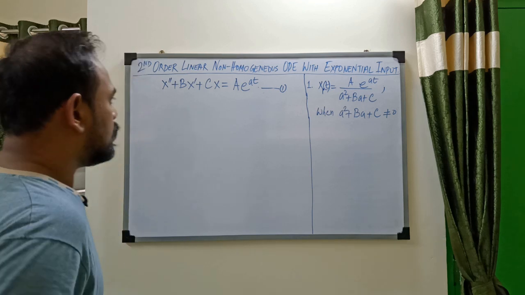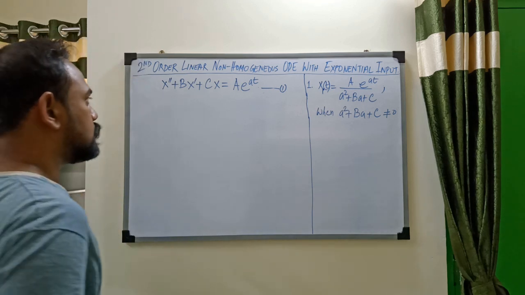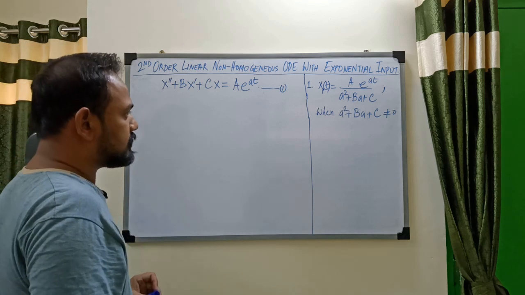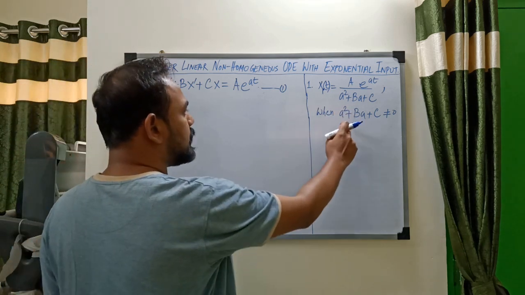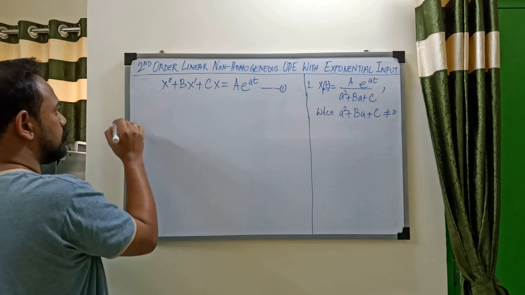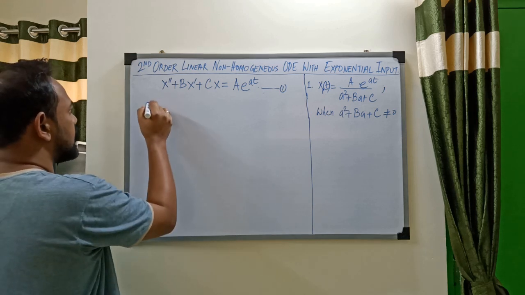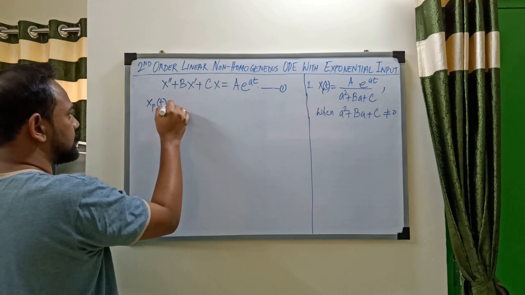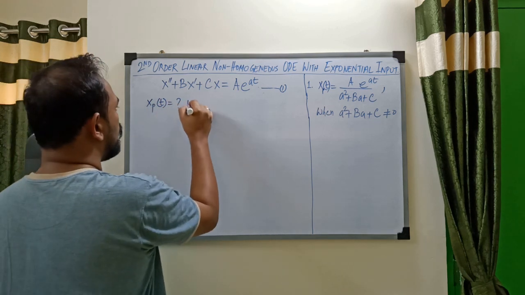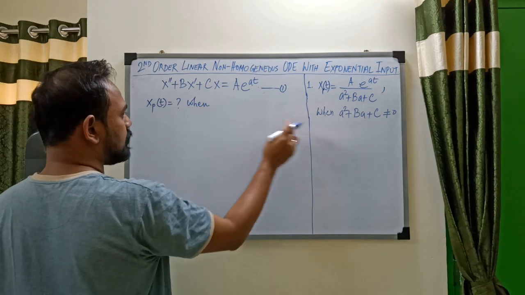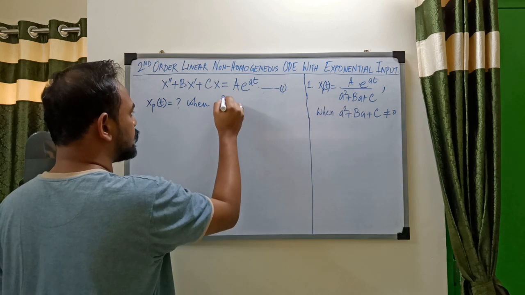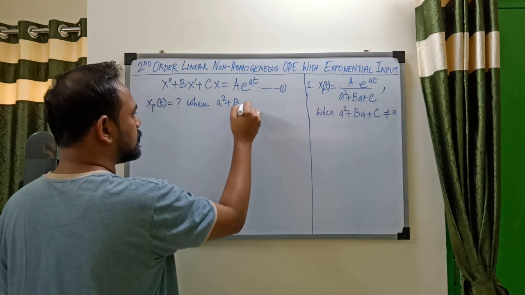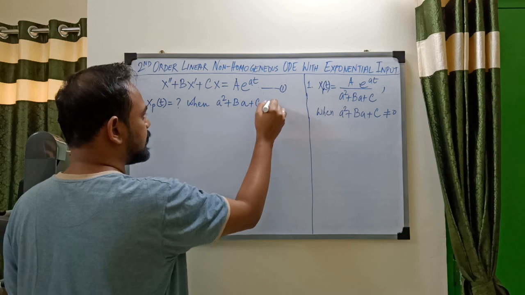Now, before that, I just want to clarify. Right now in this lecture, we are going to investigate what x_p, the particular solution of this differential equation, will be when this value is actually zero. a square plus b a plus c is equal to 0.